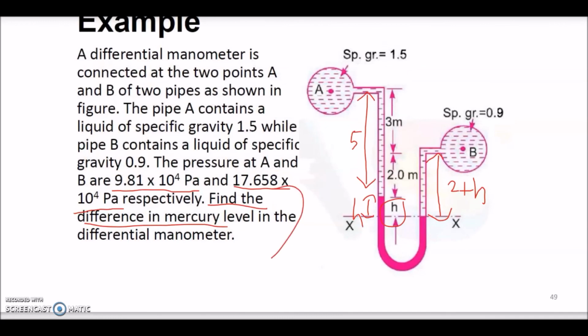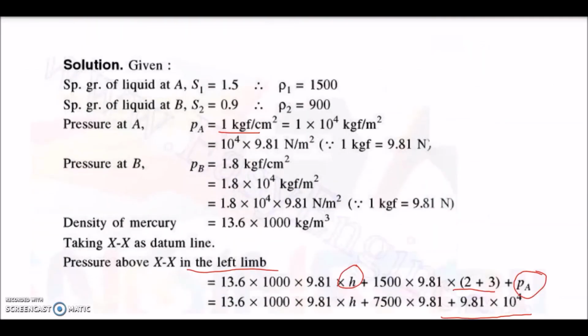We change this to 1.8 times 10 to the power of 4 times 9.81. Okay. Same goes here. We are not giving this for PA and PB, so this one you can just ignore.